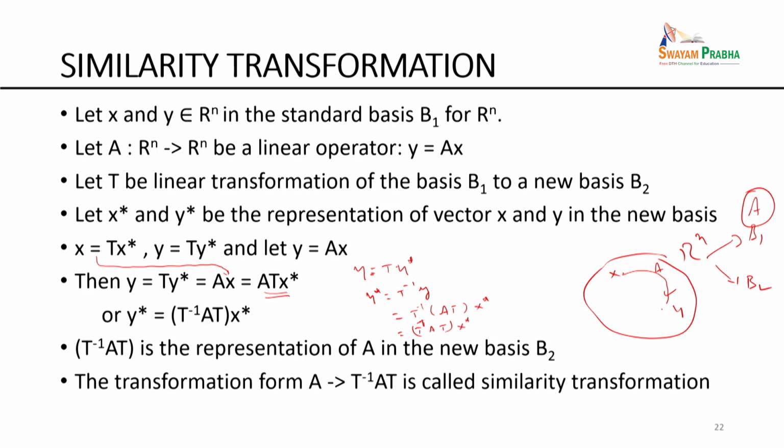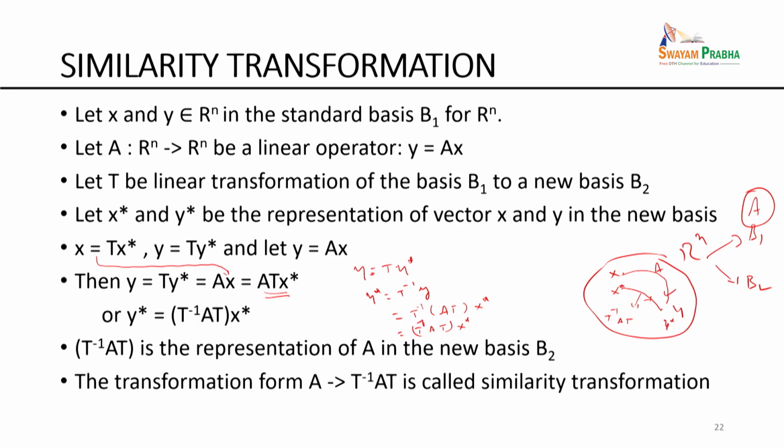So what is that now? If X star is the same, Y is also the same. So I'm looking at a new way of mapping in the new basis. And what is the operation corresponding to this? T inverse A T. How many of you are with me? Please. I know quite a few things, but I don't know how to read your mind. So if you have doubt, you may have to ask.